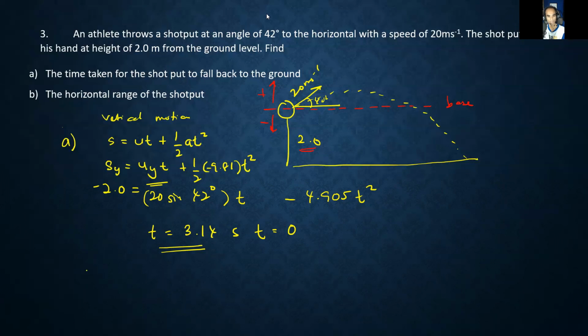Now B, coming back to Wei Hen. X equals UT. U is 20 cos 42, and T is 3.14.